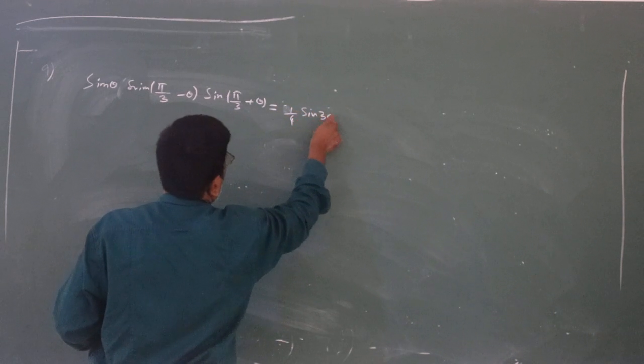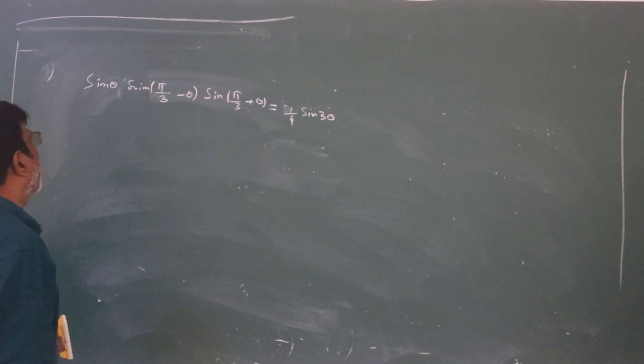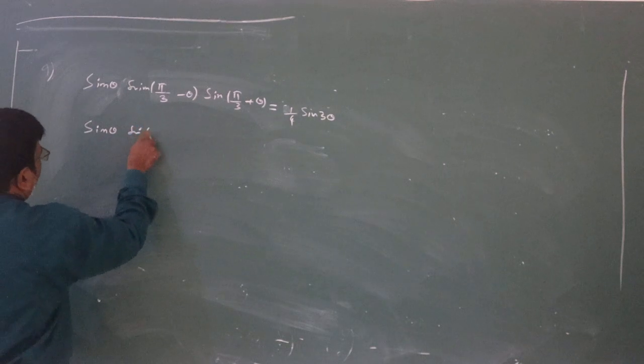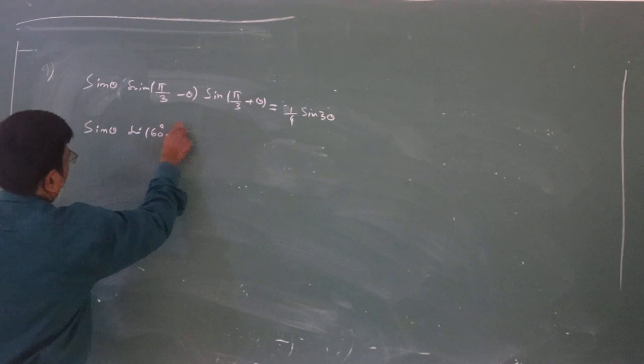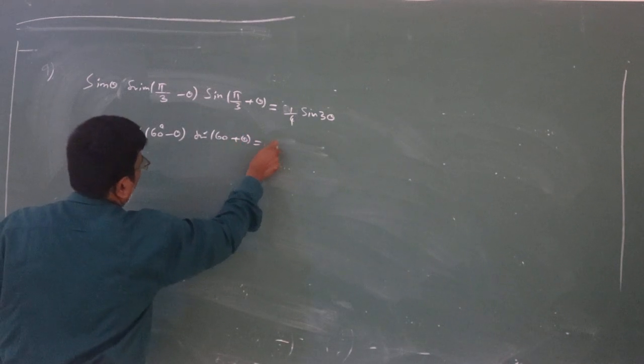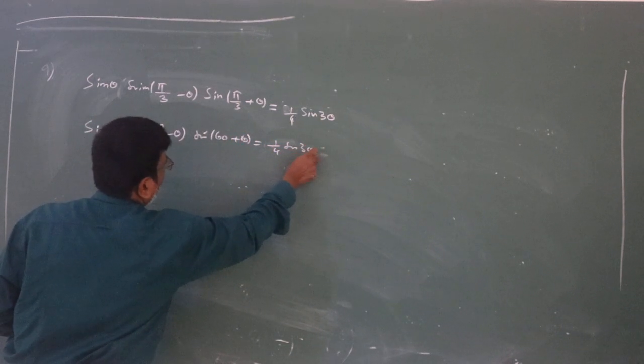This is a very important formula. So suppose given sin theta, sin of 60 minus theta, sin of 60 plus theta, that is 1 by 4 sin 3 theta.